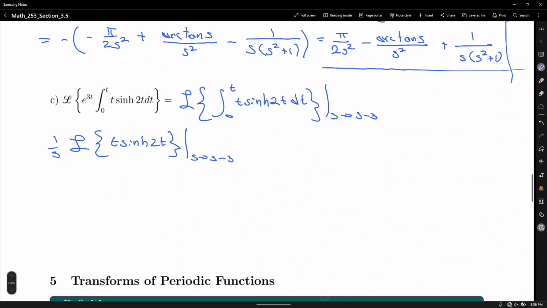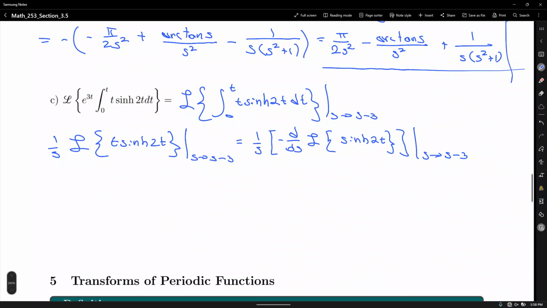So this will be number one, 1 over s, okay, times negative the derivative with respect s of the Laplace transform of sinh 2t. And whatever we get, shift it to s minus 3. All right. You guys following me here so far, so good? I know it's a lot going on, but it's putting everything together essentially.